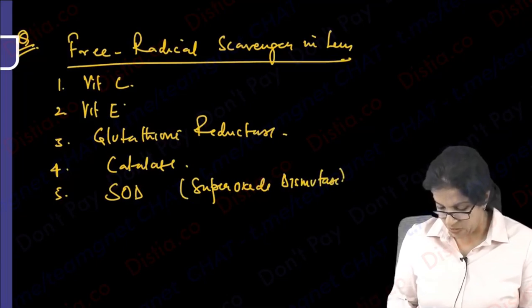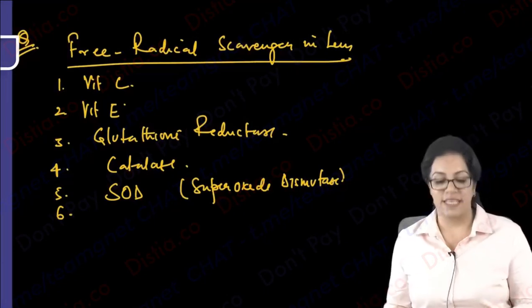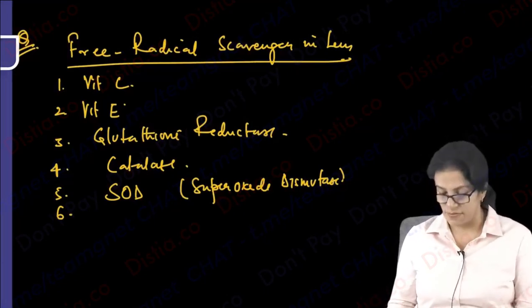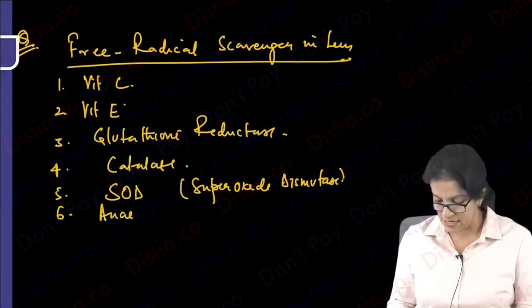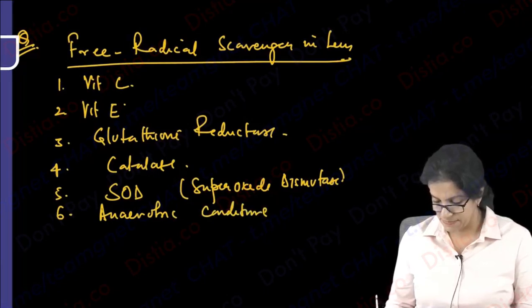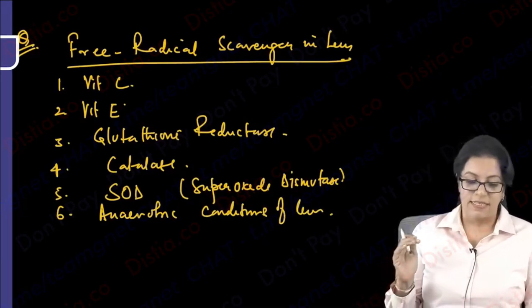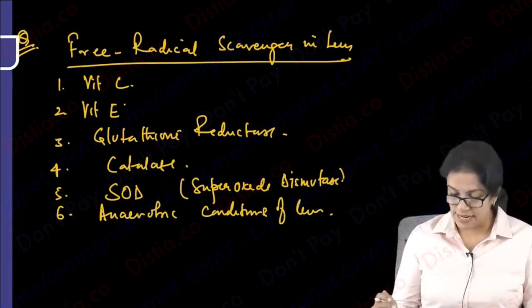Also remember the anaerobic condition in the lens, which helps in avoiding any oxidative injury. Lastly is the anaerobic conditions of the lens. Correct, all of you? So, these are the free radical scavengers.